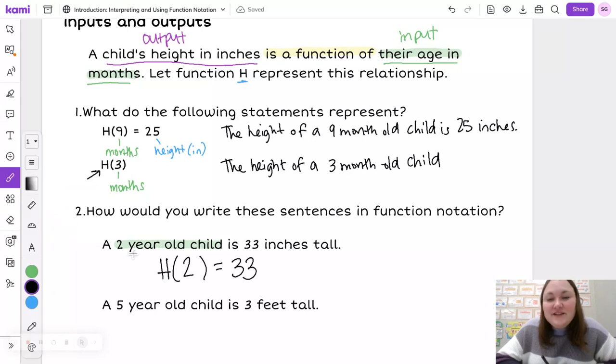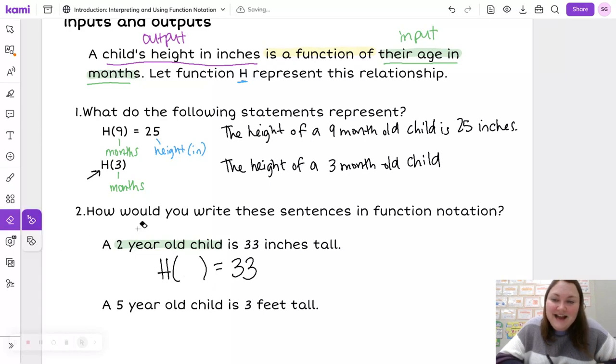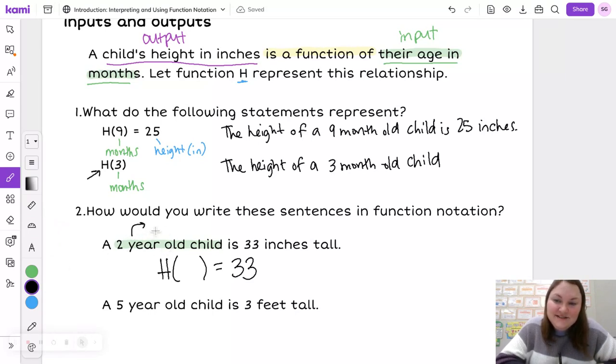So one of the things you might see with input and outputs is we might not be given the exact number. We might have to think through what number we should use. So here, in order to write my function notation, I know I need the age of the child in months. So I need to look at 2 years and think about how many months that is.